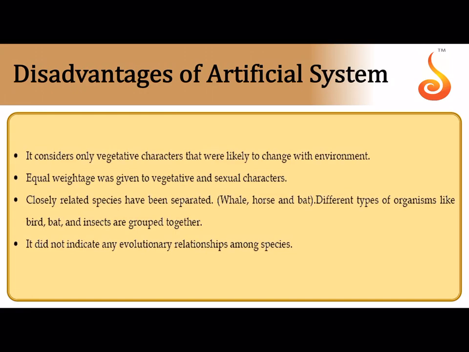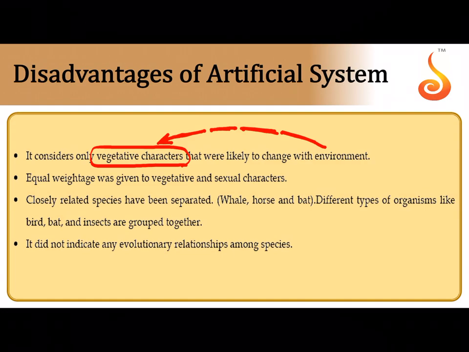What are the disadvantages? It considers only vegetative characters. Vegetative characters are a direct byproduct of environmental changes. They are directly dependent on environmental changes. So the appearance of a plant may keep changing, but that doesn't mean the plant is not related to the other plant, isn't it?